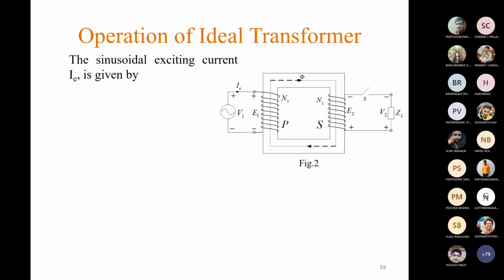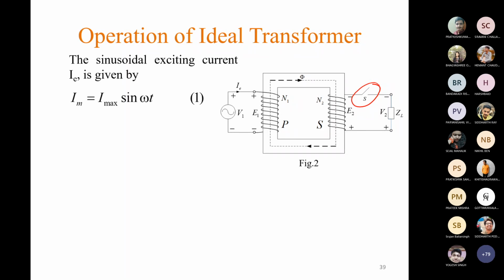Now, how to draw the phasor diagram of an ideal transformer on no load condition. That means no load is connected across the secondary, so this switch is open. Here the sinusoidal exciting current is given by the equation Im equals I max sin omega t.